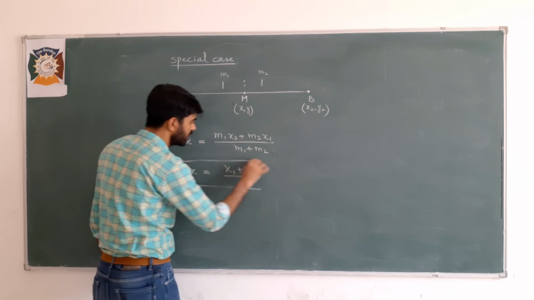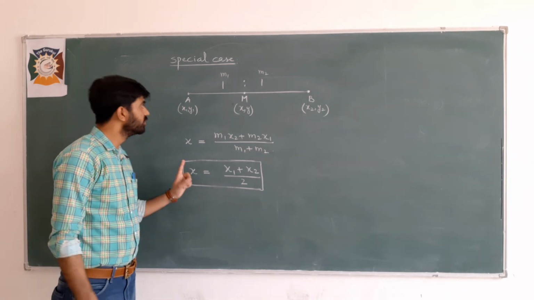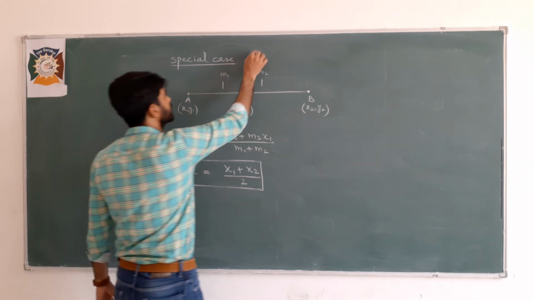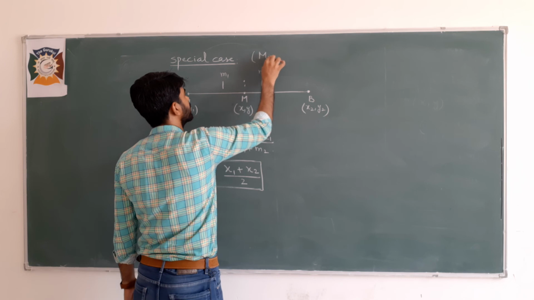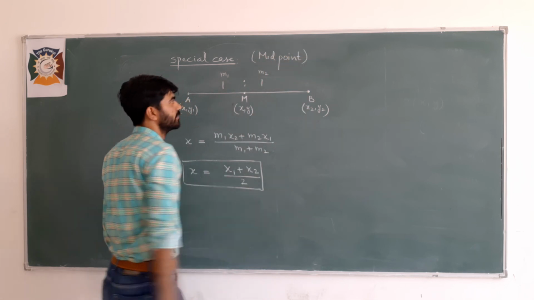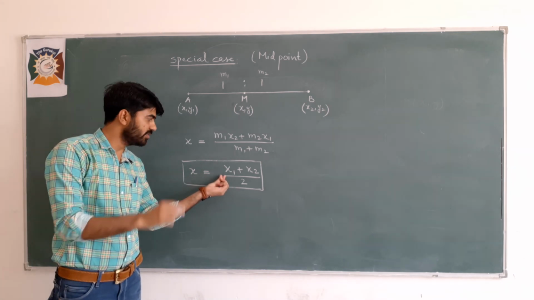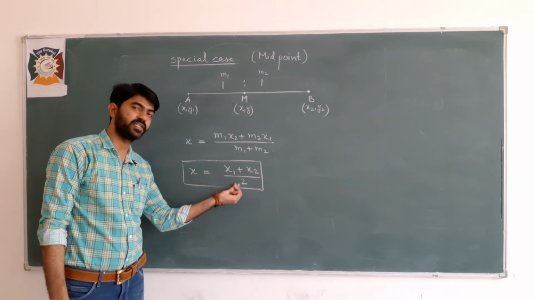So this is the x coordinate for midpoint of a line segment, special case for midpoint. So x coordinate of midpoint can directly be found as x1 plus x2 divided by 2.